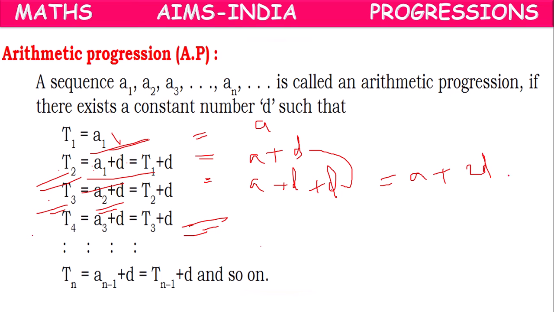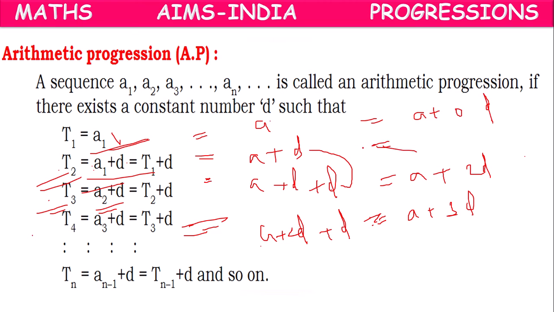For the fourth term, to the previous term A plus 2D we add D, and it becomes A plus 3D. Or this A can be written as A plus 0D, and this A plus D can be written as A plus 1D.